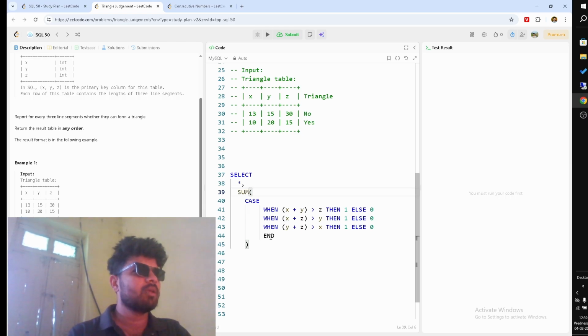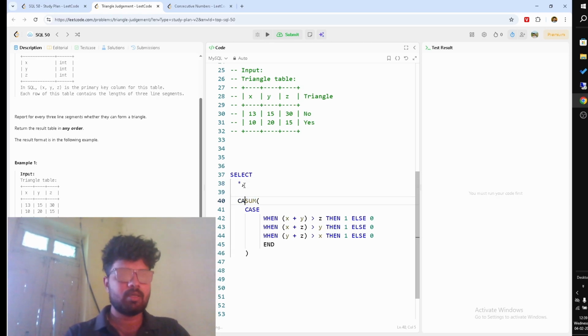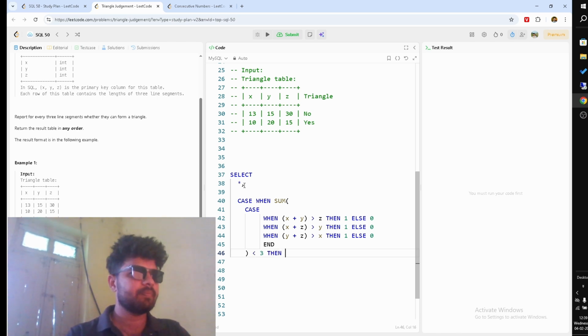Then we are using a case statement again: case when sum is less than 3, then no, else yes.